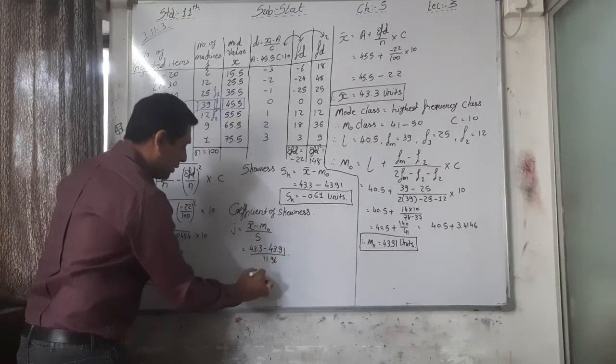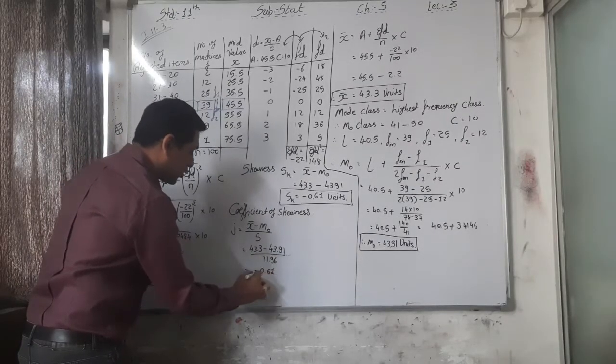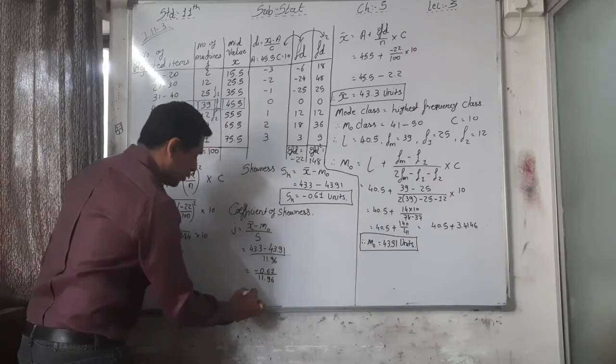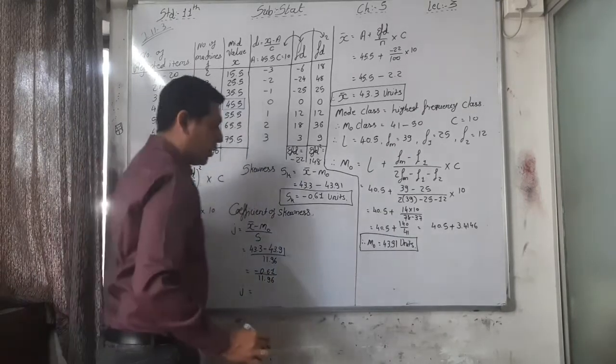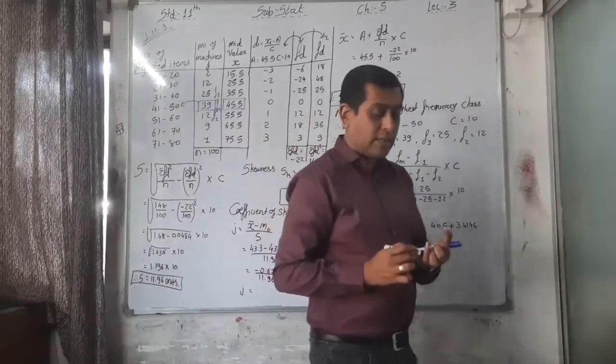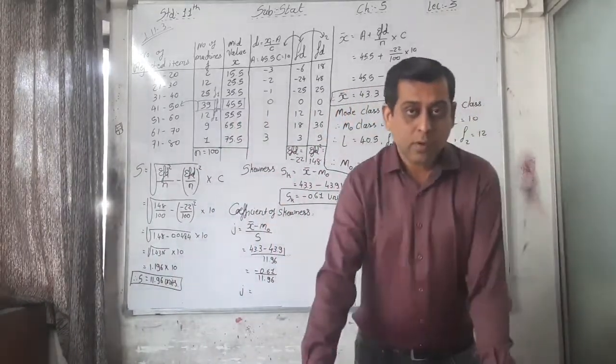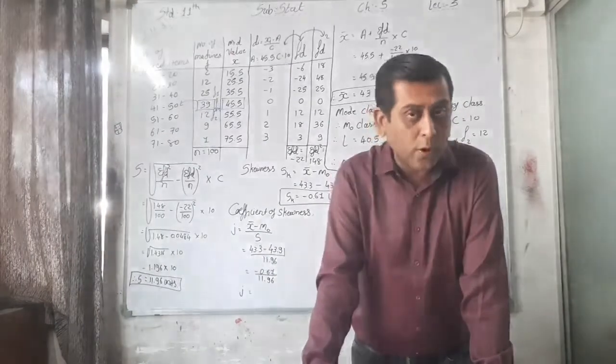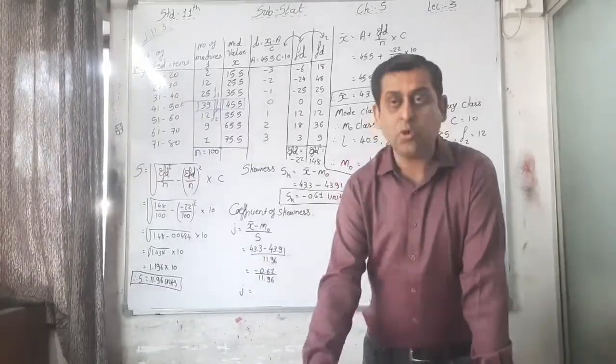So you can say minus 0.61, that is skewness, divided by 11.96. So the final answer J is equal to 0.61 divided by 11.96, that is minus 0.0509.